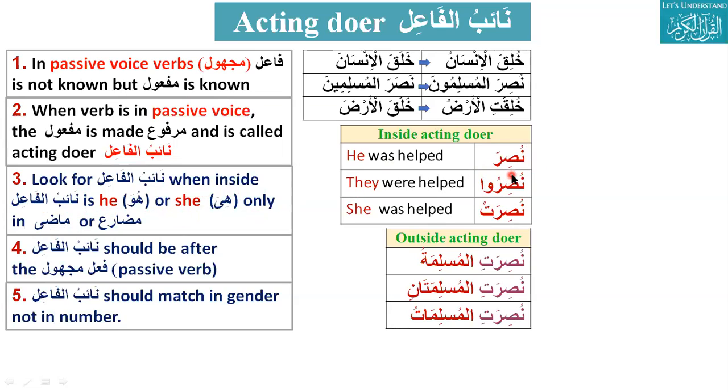It will be nusira, meaning he was helped. Similarly nusiru, what is the inside doer here? They. What is the active verb? Nasaru, meaning they helped. So nusiru means they were helped.